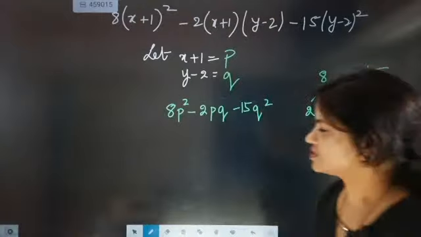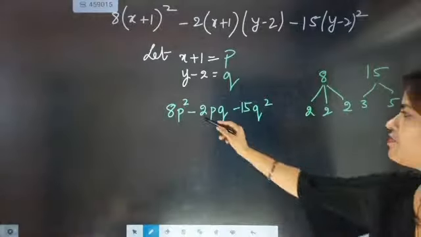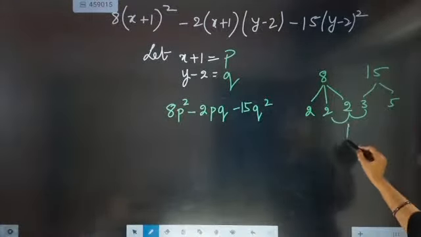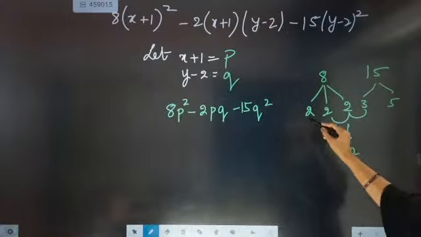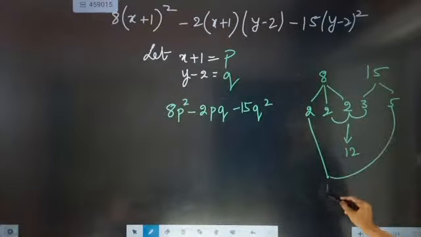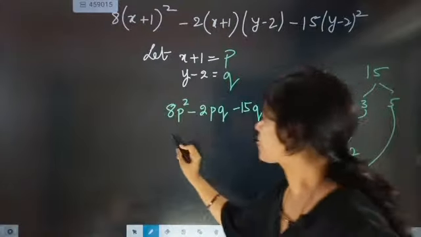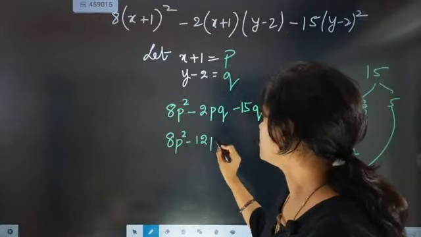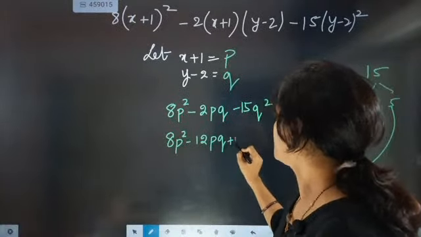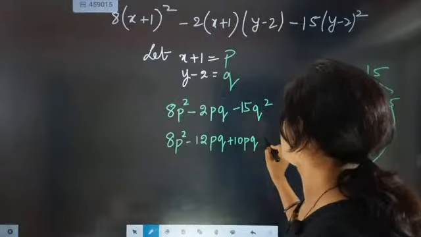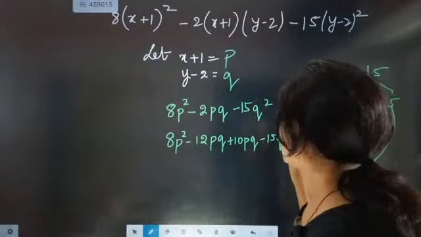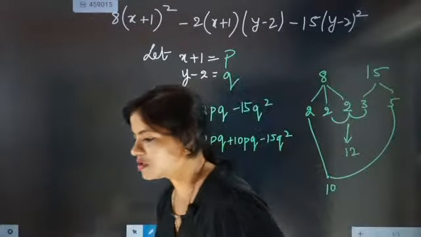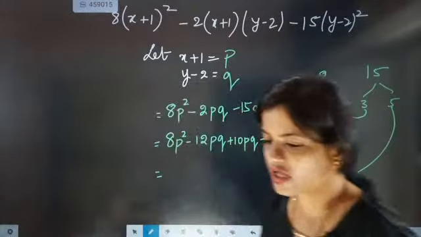Now arrange them in such a way that you get minus 2. 3 2s are 6, 6 2s are 12, 12 coming, 5 2s are 10. So 8p square minus 12pq plus 10pq minus 15q square. Understood? So like this you have to go for this method.